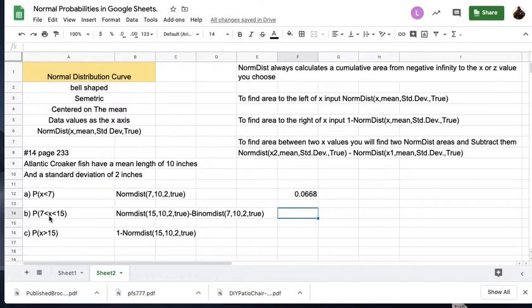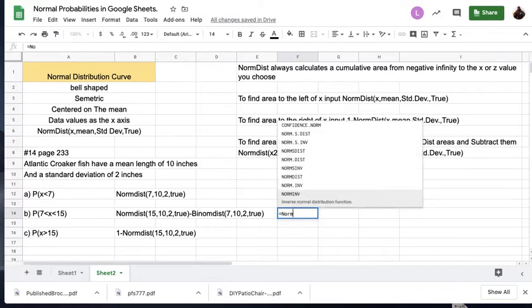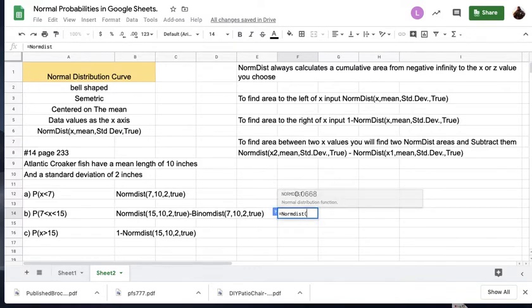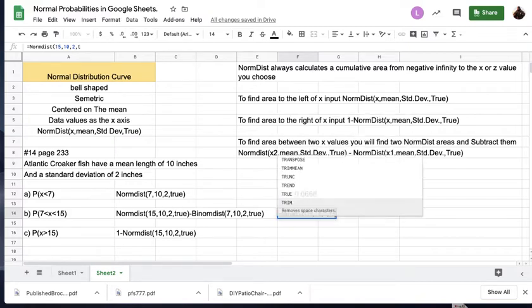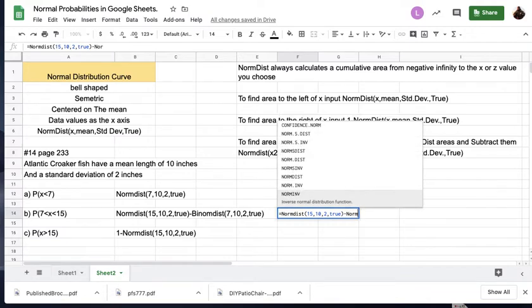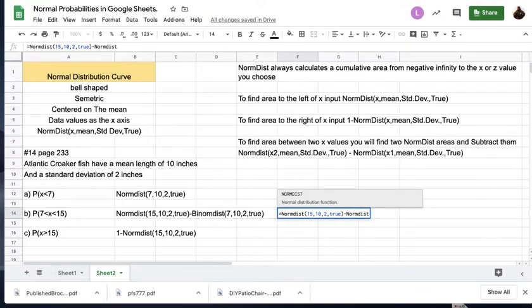Our next one, between 7 and 15 inches. So we're going to have to type this all out here. Equals normal distribution, larger x value, which is 15, mean of 10, standard deviation of 2, and the word true, minus our second normal distribution, 7, mean of 10, standard deviation of 2, and again the word true.